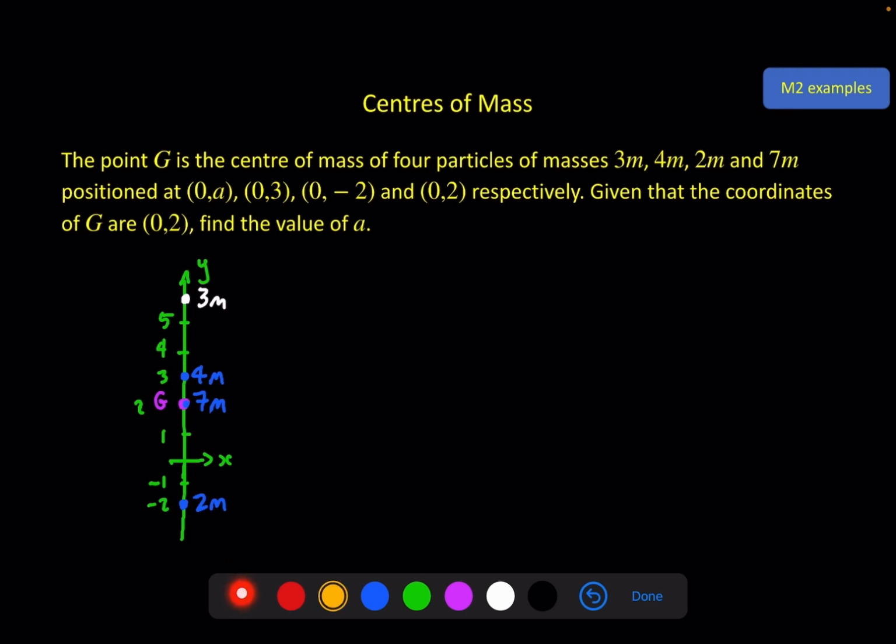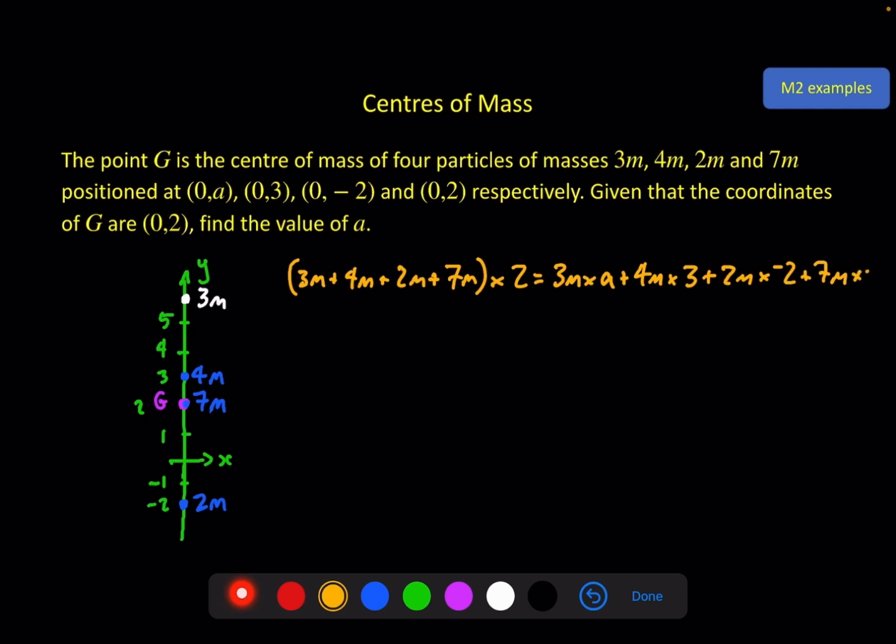So on the one side we've got G, which is all of the individual masses added together, times by its y coordinate, which is 2, and that has to equal the individuals, so 3m times its y coordinate, which we don't know, that's A, plus 4m times 3, plus 2m times minus 2, plus 7m times 2.